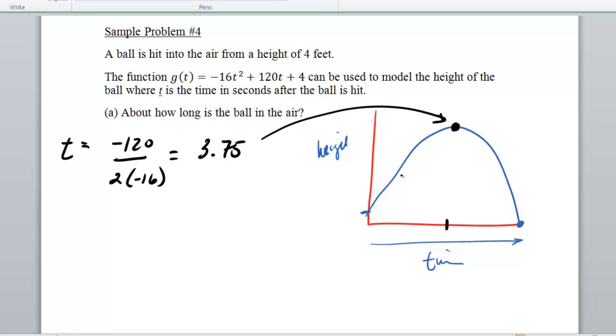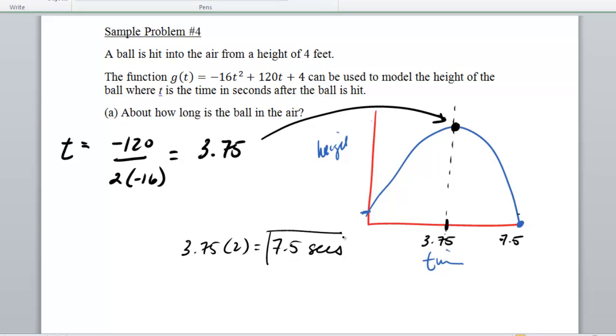Now your physics teachers will get into more detail about the velocities and the force and everything that's applied to the ball, but in essence, if I know that it took me roughly, let's say, 3.75 seconds to get to the top, we know that that's basically an axis of symmetry. So the same amount of time it took me to get from here to here, it should take me roughly the same amount of time to get over here. So if I double that, 3.75 times 2 would be roughly 7.5 seconds.